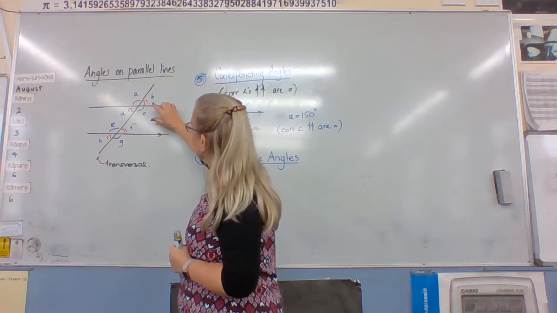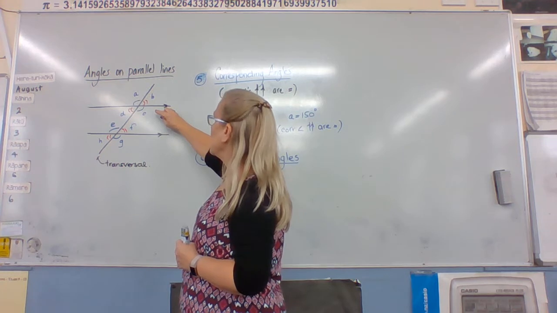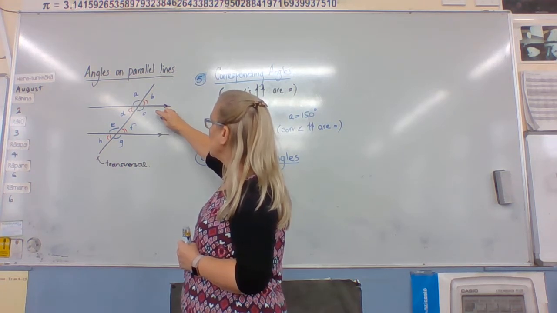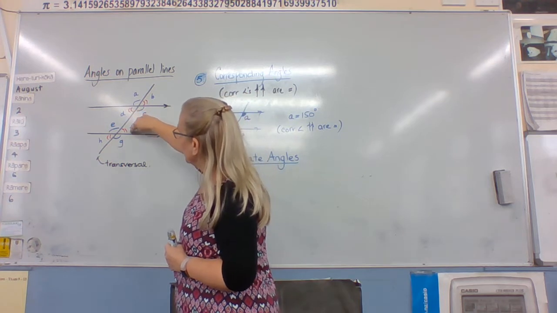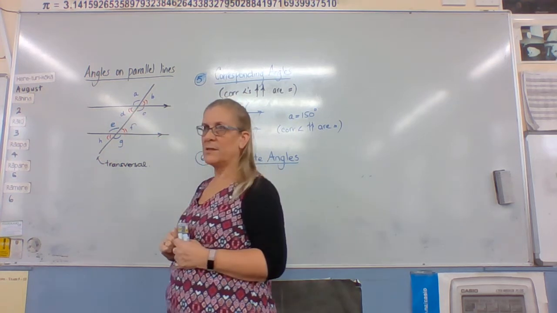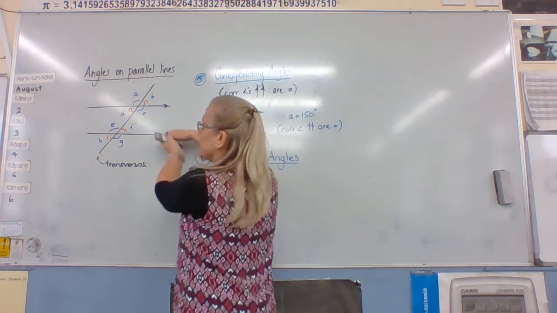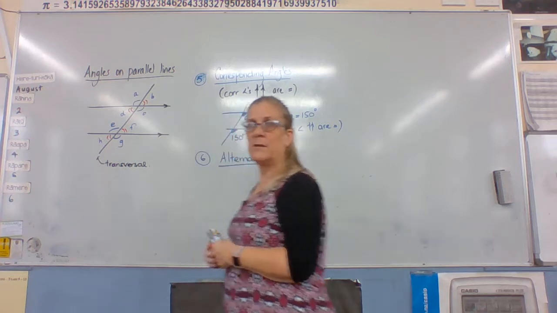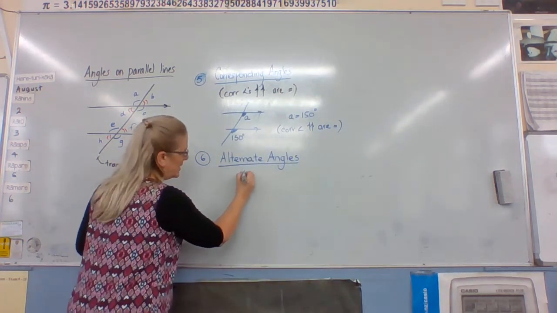In fact, these two are alternate, D and F, and these two are alternate. On the other side of the transversal, inside or outside. Okay? So its picture looks like this.